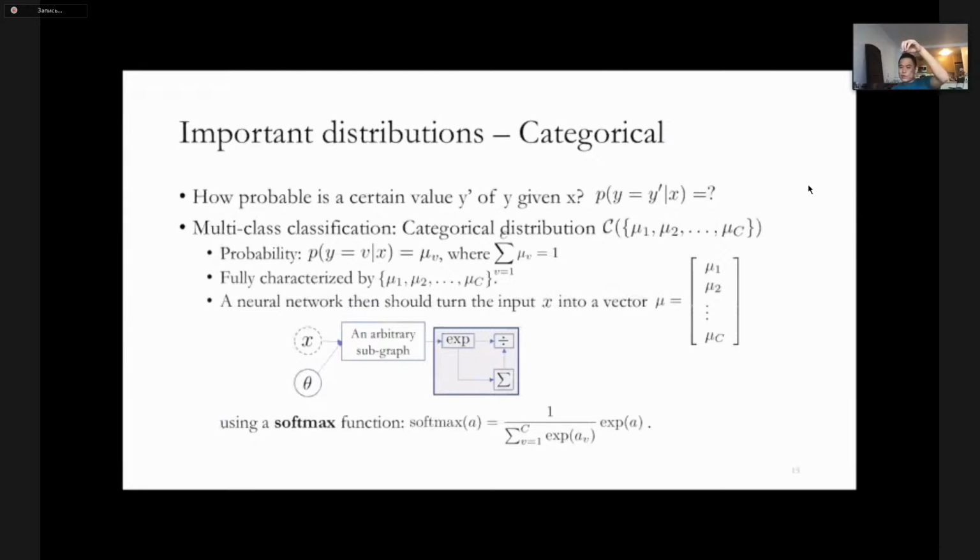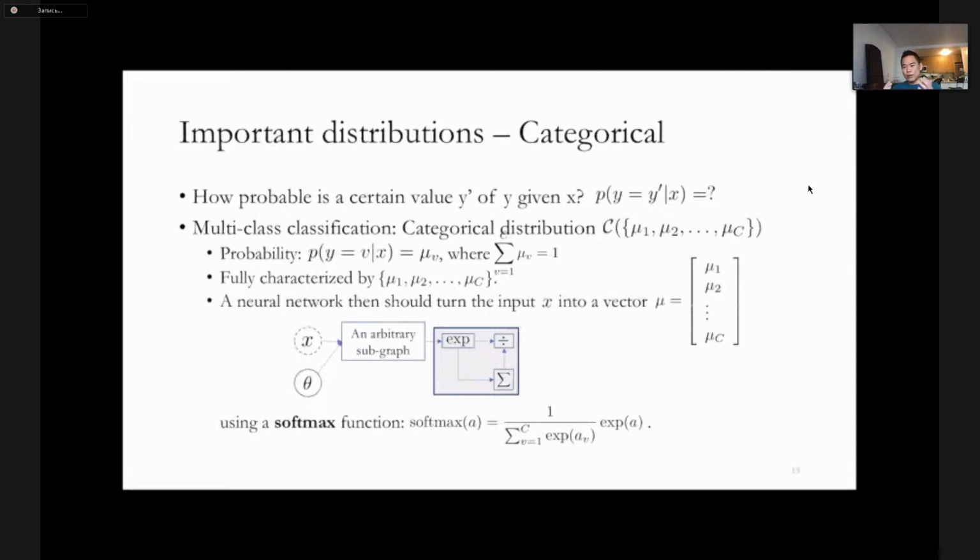And what we need is just one node or a subgraph attached at the end of this arbitrary subgraph that we have built, that's going to turn these 1000 numbers into 1000 probabilities of a categorical distribution. To do so, we often rely on the function called softmax. What softmax does is to first exponentiate every single number so that they become strictly positive, and then it divides each and every entry by the sum of all the exponentiated entries.